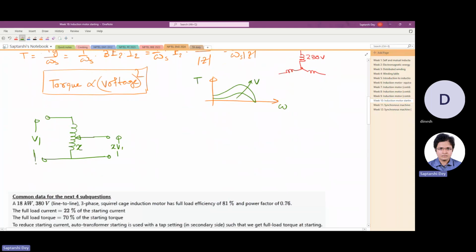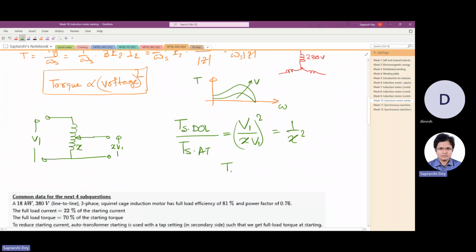So your starting torque at DOL, and starting torque when you are starting with auto transformer, is proportional to the voltage squared: at DOL, the full load voltage or supply voltage V1, versus X V1 whole squared, that is X squared.